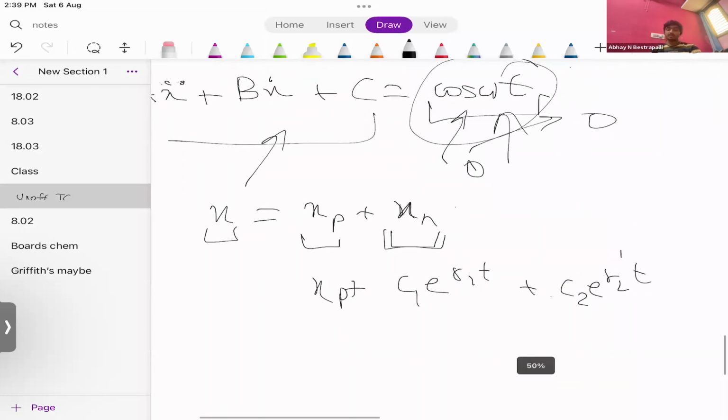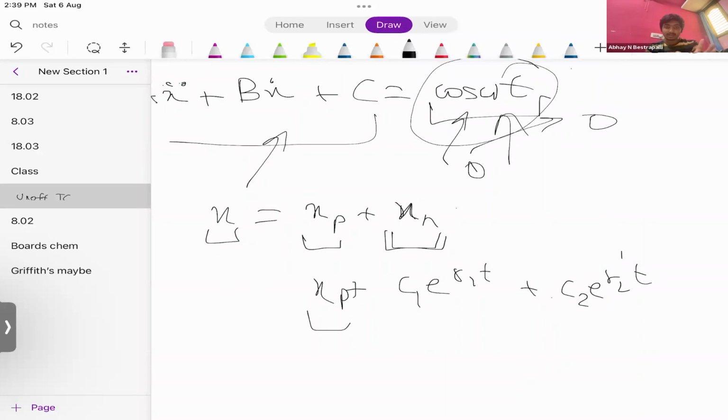And the reason I'm saying that the homogeneous solution doesn't matter is, for one thing, the x particular is just a particular solution, right? The homogeneous solution, on the other hand, has constants that will change depending on the initial conditions. But it doesn't matter much, because especially for the case that we're looking at, usually what ends up happening is R1 and R2 end up being negative real numbers.